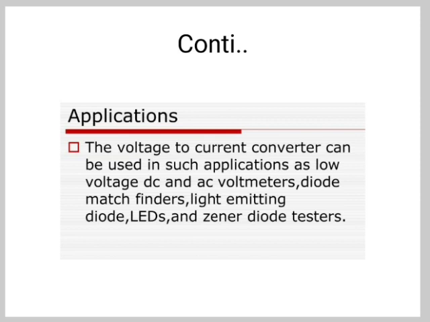Matched LEDs with equal brightness at a specific value of current are useful as indicators and display devices in digital applications. One more application of V to I converter is low AC and DC voltmeters.